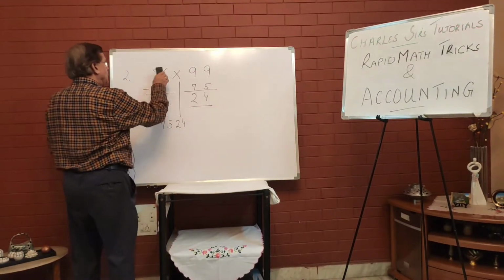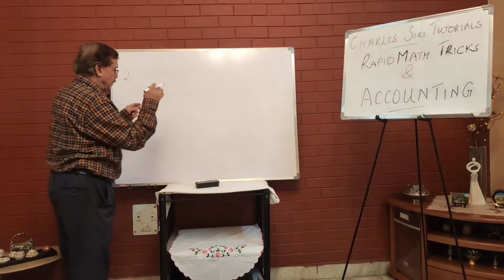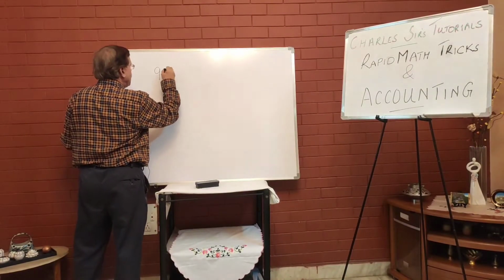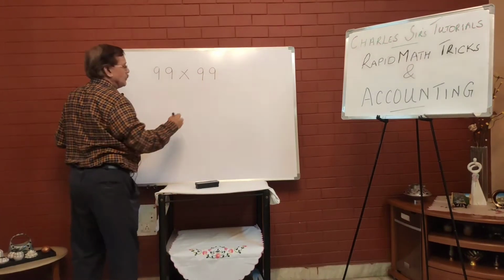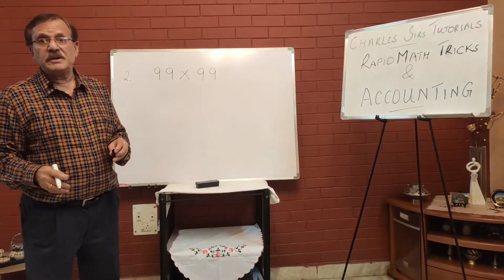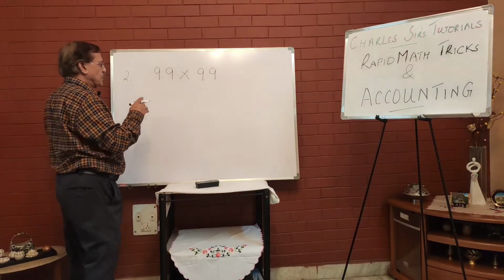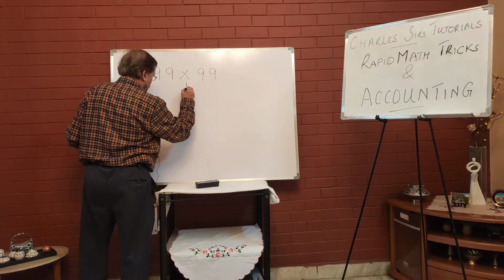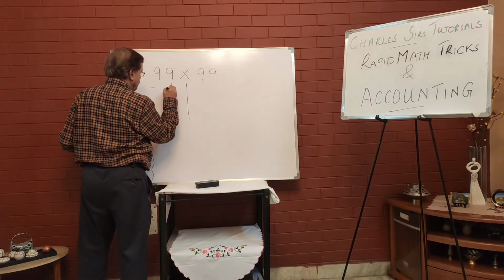And finally we come to the last question. Any number you can take. I'll take 99. 99 multiplied by 99. What about this? So there's no need to get unduly perturbed. All this is very easy. The same contents will be there. Same explanation will be there. Partition, 99 minus 1.